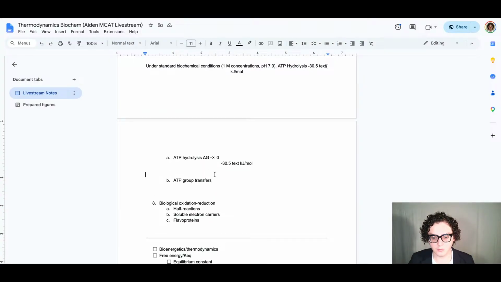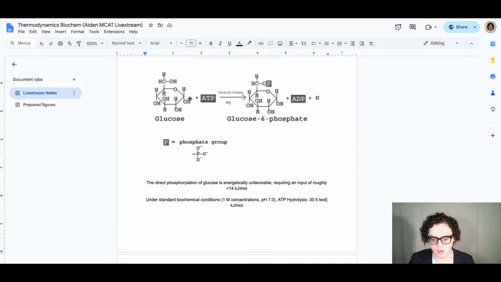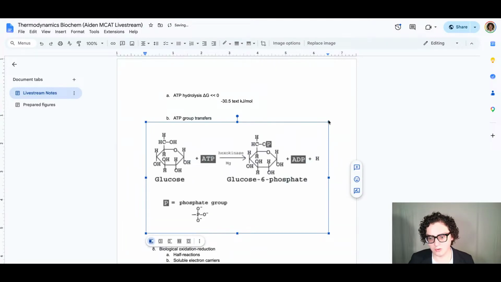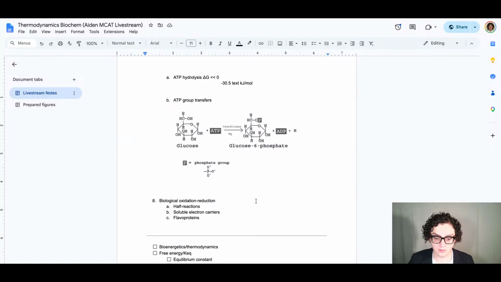Okay, so the substrate of this reaction is glucose. So phosphorylating the substrate in this way using the phosphate group from ATP is an ATP group transfer. I don't know why they call it ATP group, because we're not transferring whole ATPs. We're transferring the P, one of the Ps, to make it ADP.